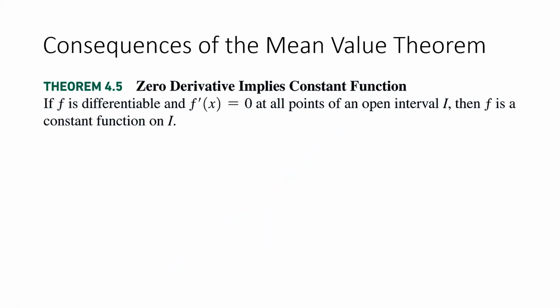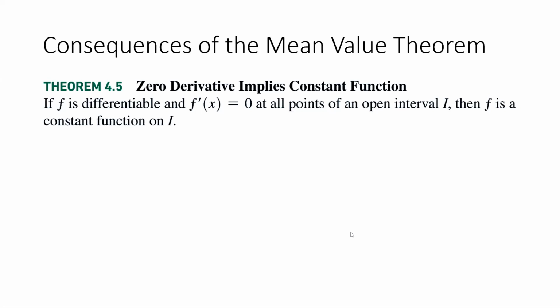So just a couple of quick consequences of the mean value theorem here. If f is differentiable and f prime of x is equal to 0 at all points on an open interval I, then f is a constant function on I. So what this shows is that if I have a function whose derivative is always equal to 0, we know that it must be a constant function.